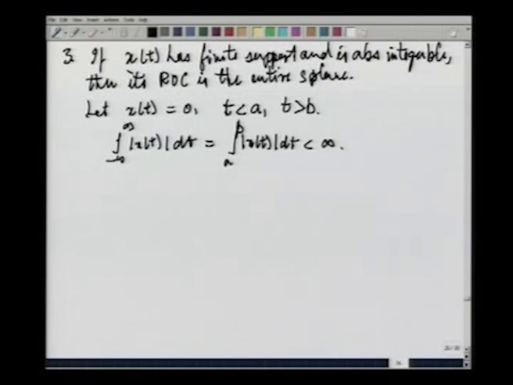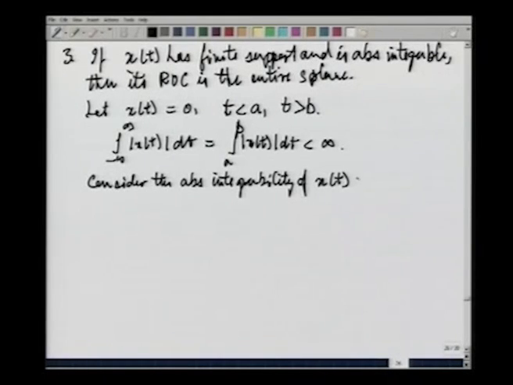If this is finite, then all that we are worried about is the absolute integrability of x(t) e to the minus sigma t.